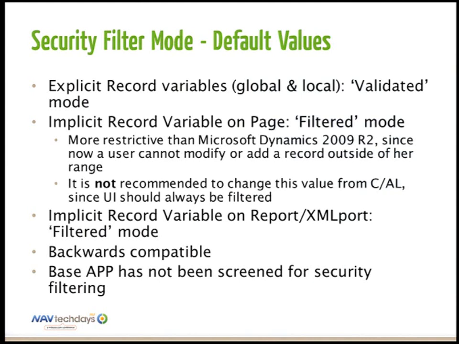It actually changes the property on the record from validated to filtered. Unfortunately, we haven't been able to go through the entire app and make it compliant for security filtering. So if you are in a setup where you know your customers are using security filters, you have to go in and screen the application for security filtering and set up the places where you know that this can be an issue.